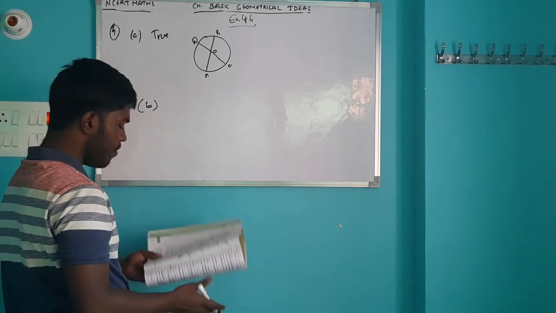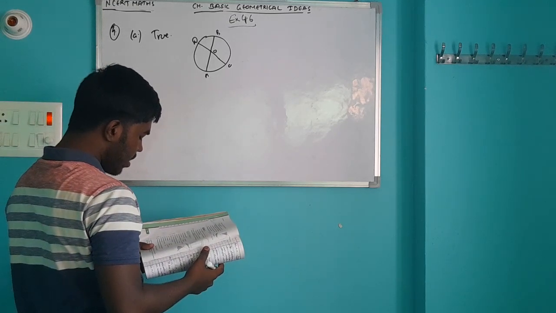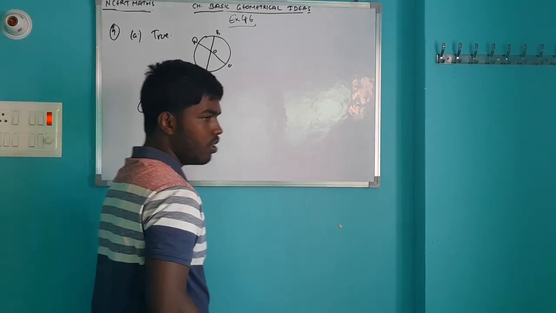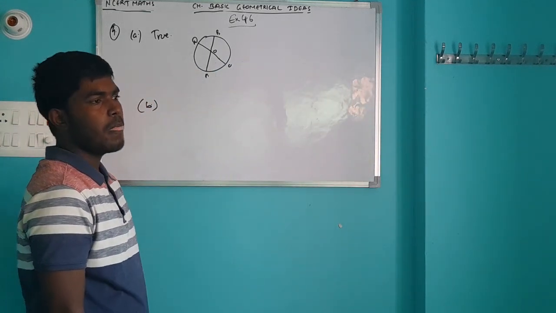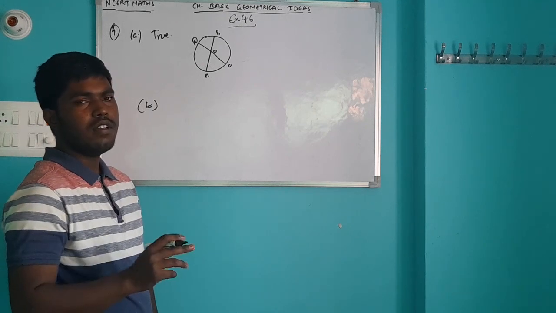In B part we have: the center of a circle is always in its interior. So in a circle, the center is an interior point.